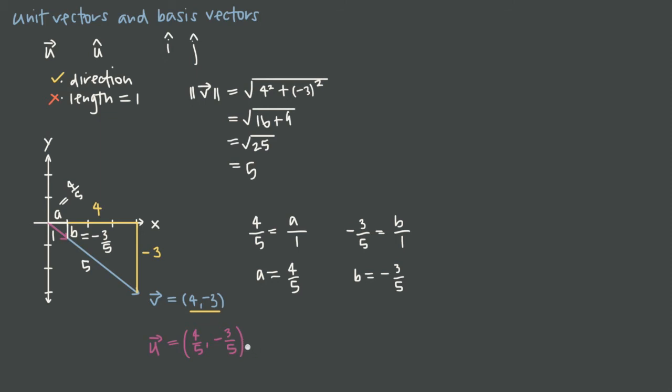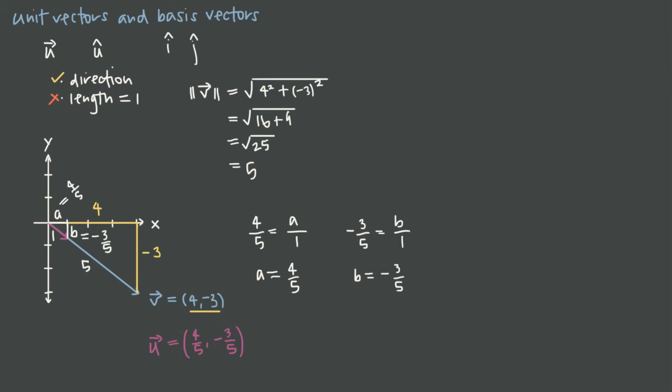So this is the unit vector that points in exactly the same direction as v, but its length is only 1 unit long versus the length of v, which was 5 units long. So think about the unit vector as sort of a simplified version of v. It doesn't look simpler when we compare just 4, -3 to 4/5, -3/5, but it's going to be a lot simpler for us to use in operations specifically because its length is 1.